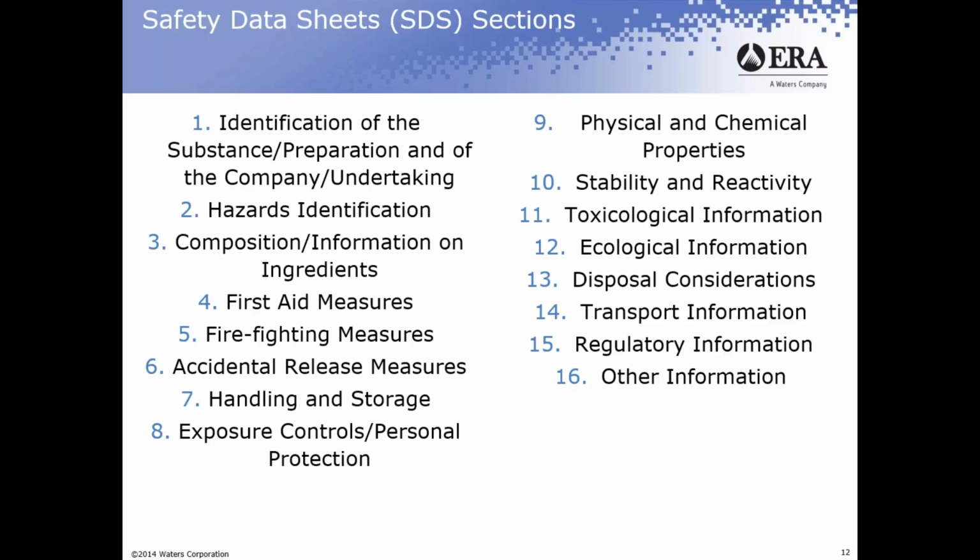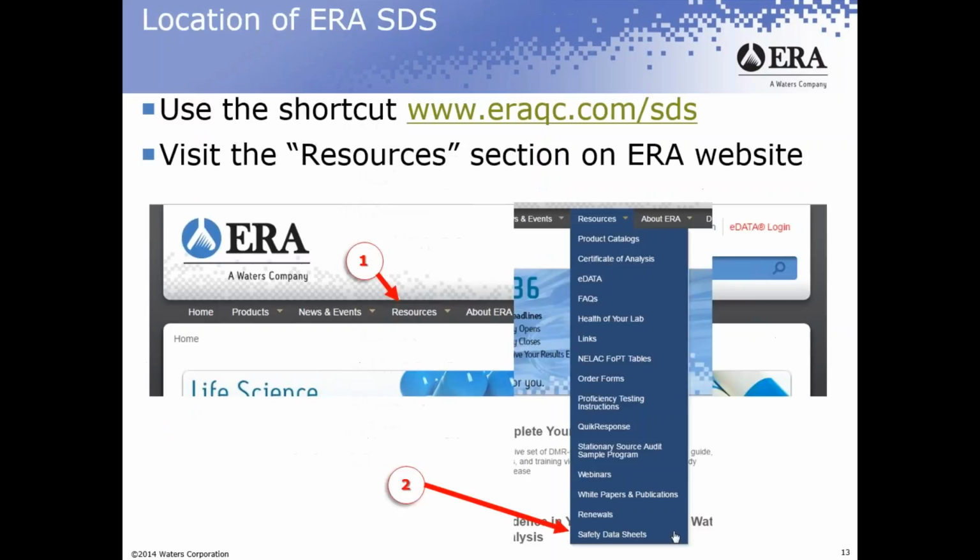And they keep all this up to date. They understand all the country requirements. It took us a while to vet this company out and make sure that they have the right solution for ERA and Waters. And they keep this up to date. And that's going to come into play as we show you how to obtain your safety data sheets for the products that you purchase from ERA. So for ERA, there is a shortcut.